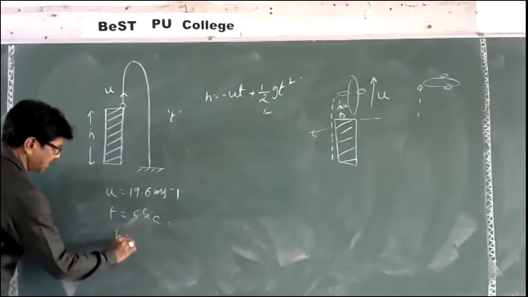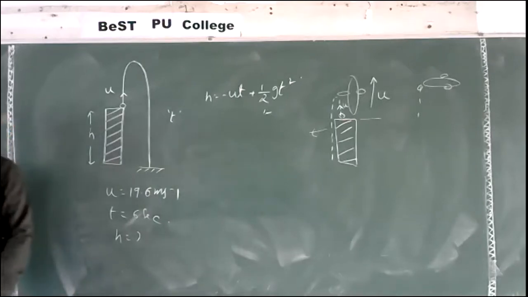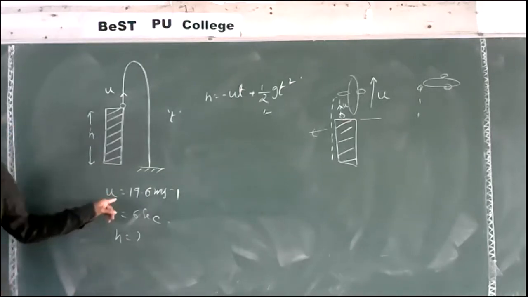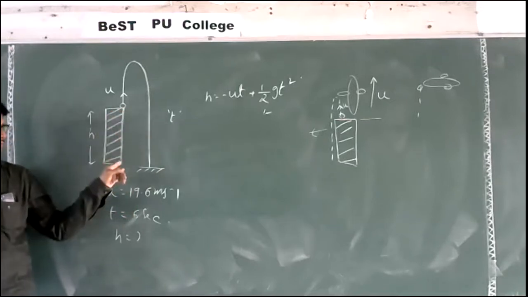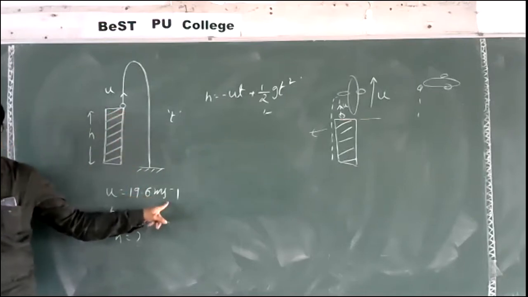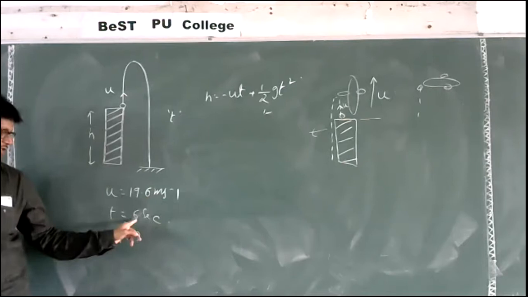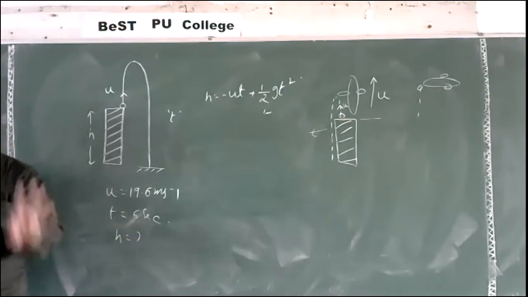Then what is the height of the tower? H is equal to how much? This was the problem. A body is projected upwards from the top of a tower with a velocity of 19.6 meters per second. It reaches the ground in 6 seconds. Then what is the height of the tower? This was the problem.